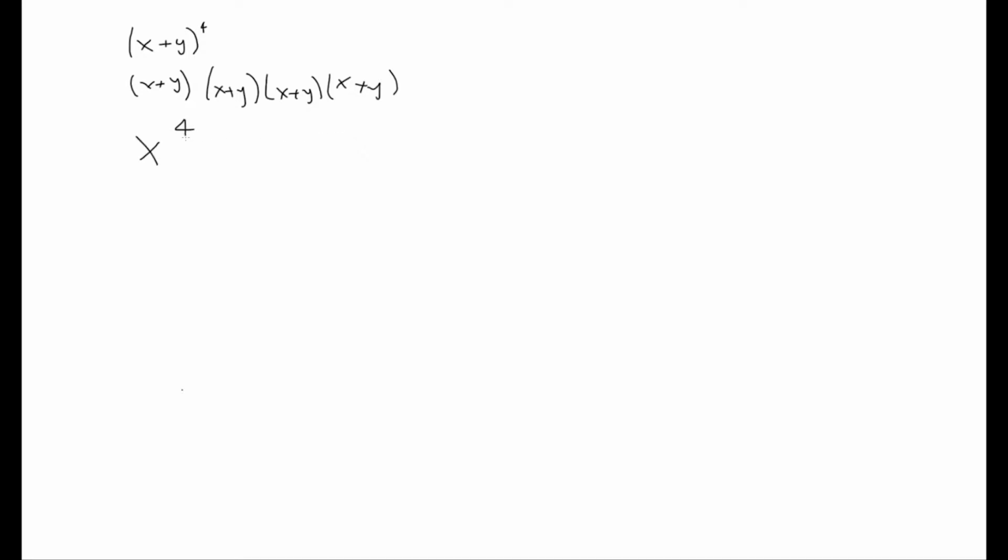So x to the 4th is the first term, plus a certain amount of x cubed y, plus a certain amount of x squared y squared, plus 4x cubed y, plus 6x squared y squared, plus 4x y cubed, plus y to the 4th.